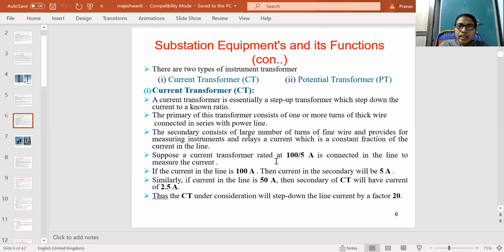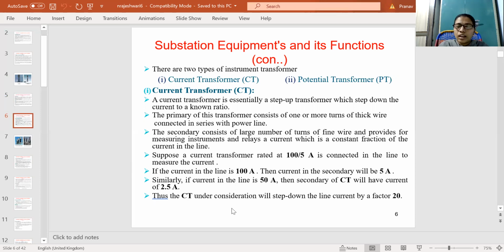If the current in the line is 100, then the current in the secondary will be 5 amperes. Similarly, if the current in the line is 50 amperes, then the secondary of the CT will have a current of 2.5 amperes.